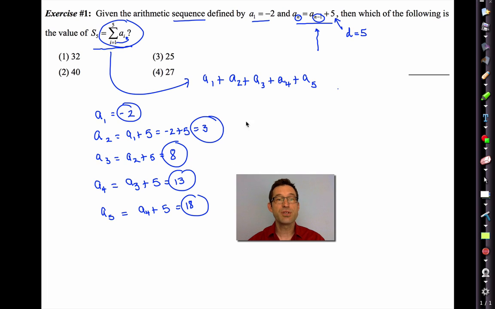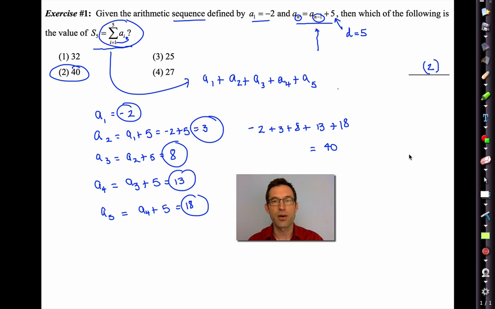All right, so we just need to sum them up. Literally now, this is just -2 plus 3 plus 8 plus 13 plus 18, and that all sums out to be 40. So if you got 40, then you are well on your way to understanding what's going on here, right? Well on your way.